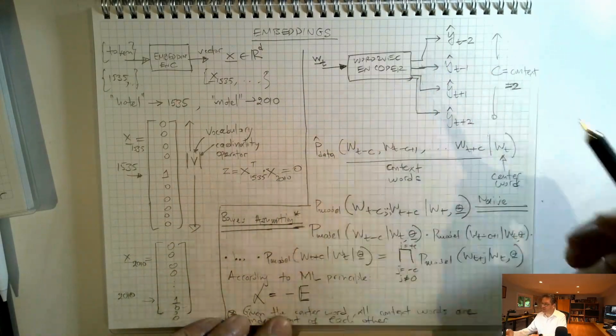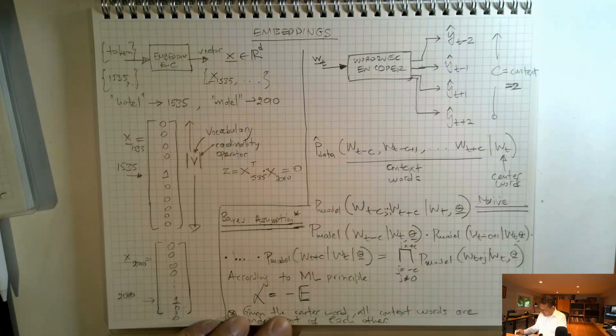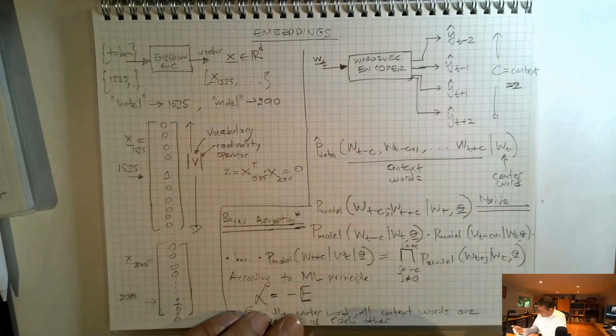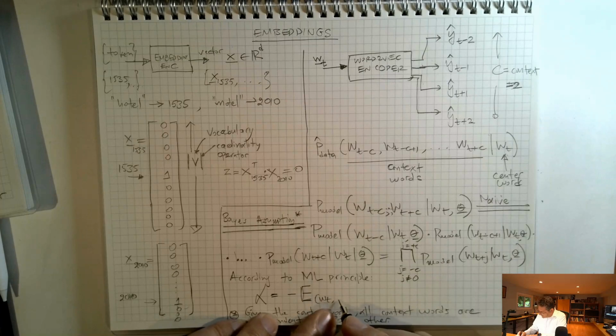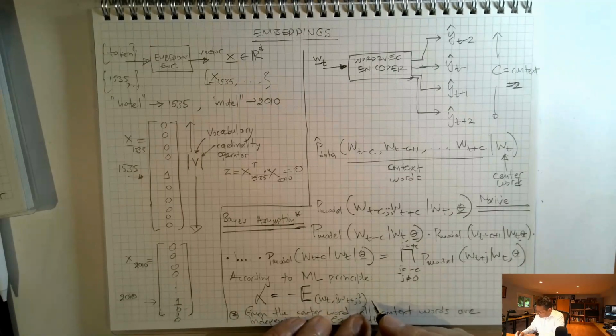The y is the context word. So we have examples that consist of X, which is W T, and Y's, which are the W T plus j, so the whole set of words, in fact. So an example consists of the center word and the set of the context words that are, of course, distributed according to P data hat.